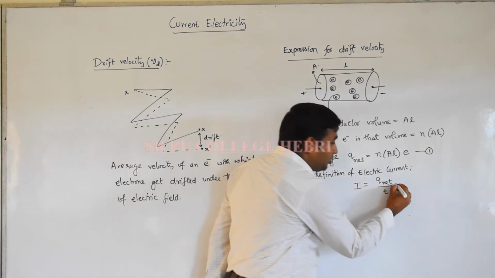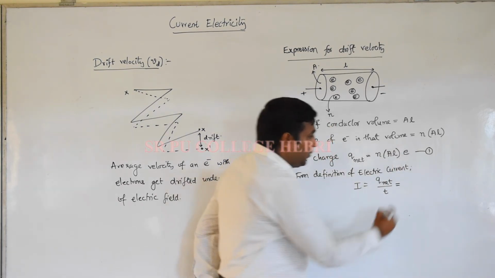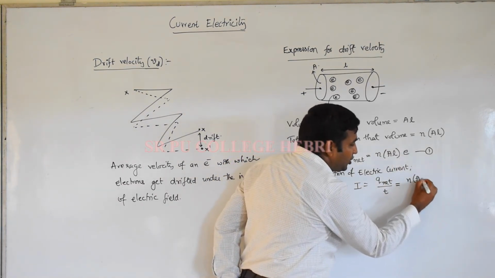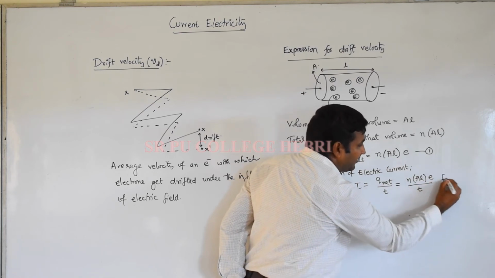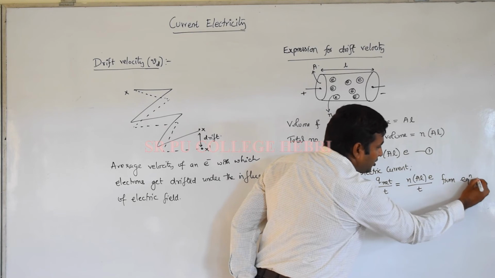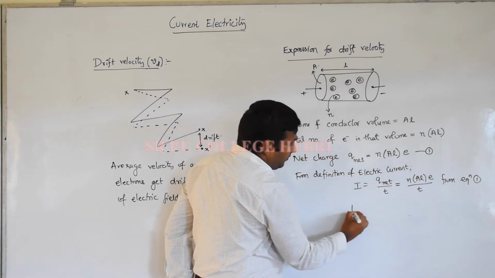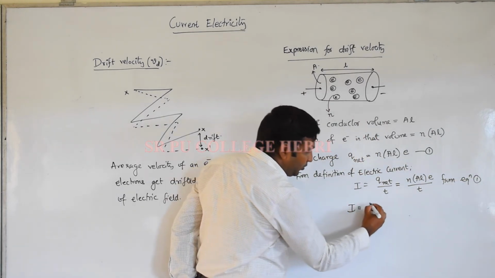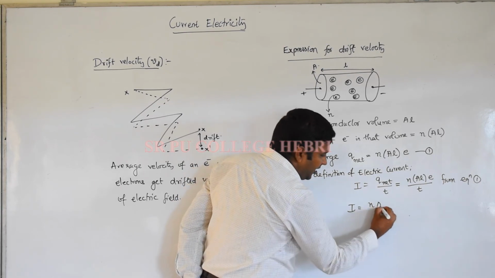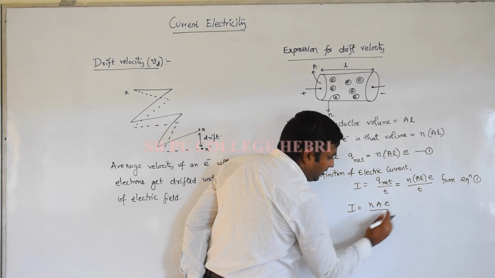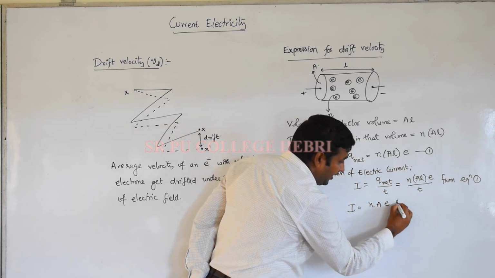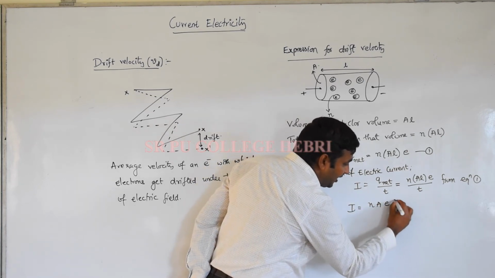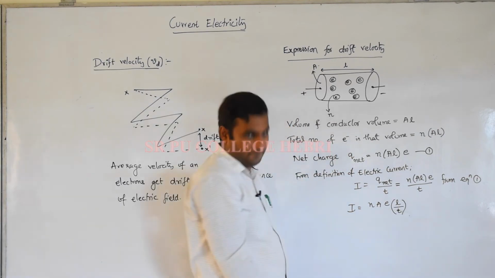Here net charge from equation 1 is nAL into E divided by T. This equation we can write as I is equal to n into A into E into L divided by T, taking L divided by T together.